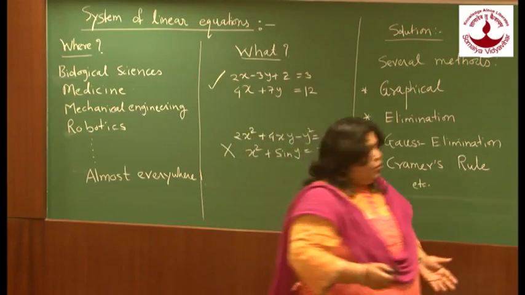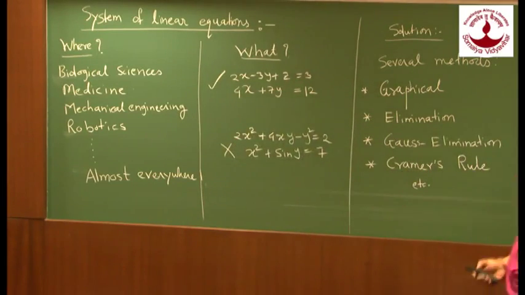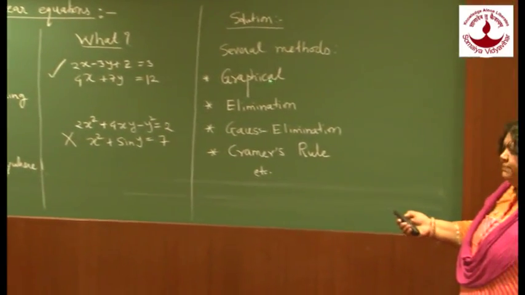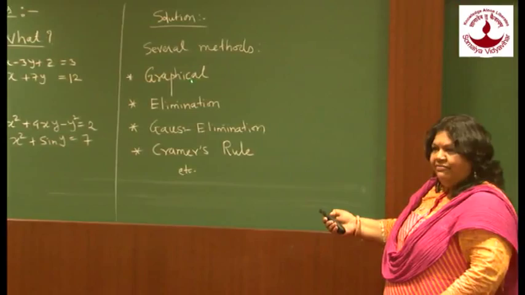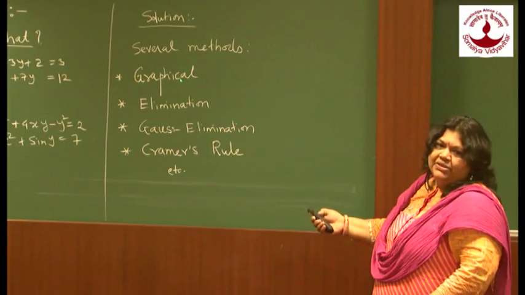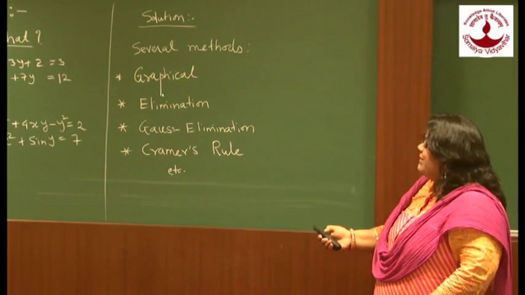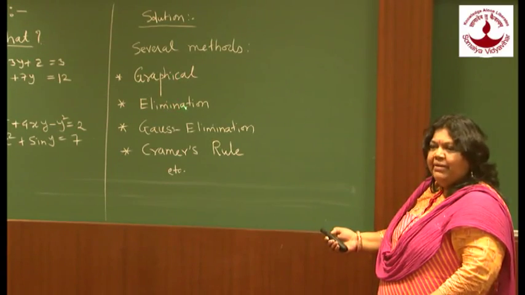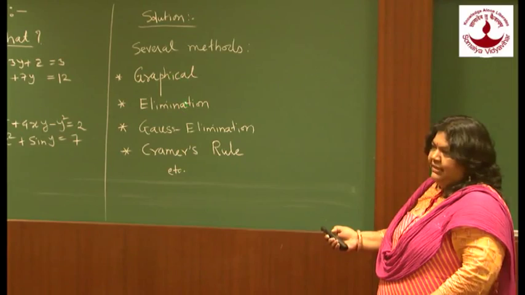Okay. So to find a solution there are several methods. One of them is the graphical method. So we draw a graph and from the graph we can find the solution. Another method is elimination. In the elimination method, we eliminate one of the variables.